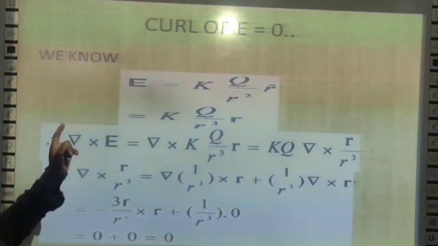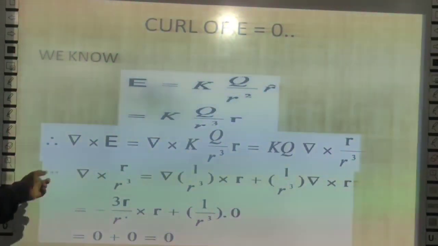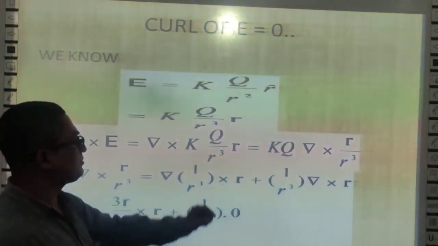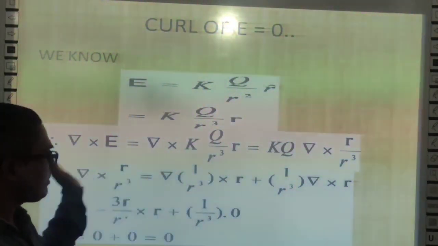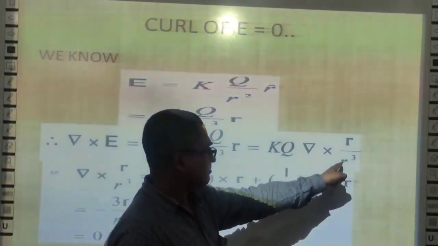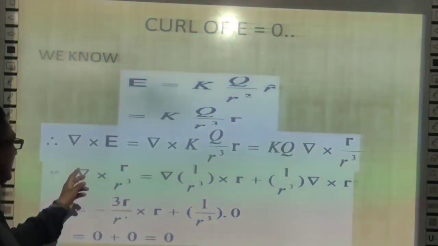So coming back to the point of how to prove curl E equal to zero, we start from the very first expression for electric field, that is equal to k q by r squared, as shown, and we find the curl of E. So we put k, which is constant, and capital Q, which is constant, outside, and this is the curl of r vector by magnitude r cubed.